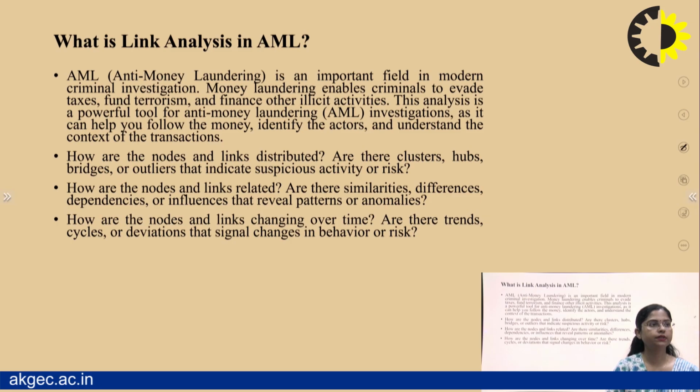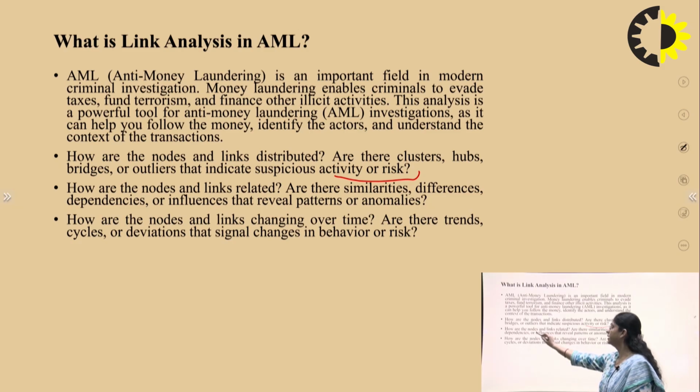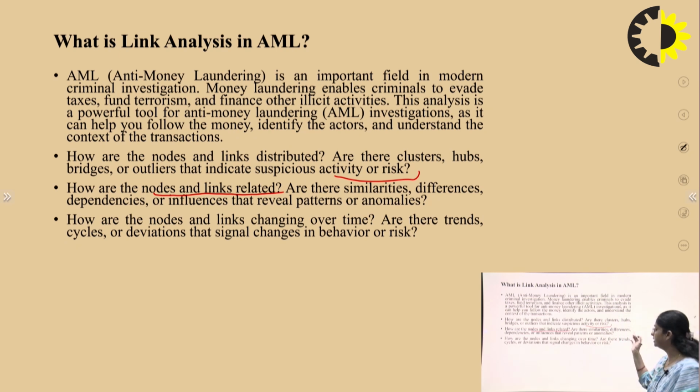How are the nodes and links distributed? Are there clusters, hubs, bridges, and outliers that indicate suspicious activities or risk? How are the nodes and links related? Are there similarities, differences, dependencies or influences that reveal patterns or anomalies, which we have seen in the principles of link analysis.